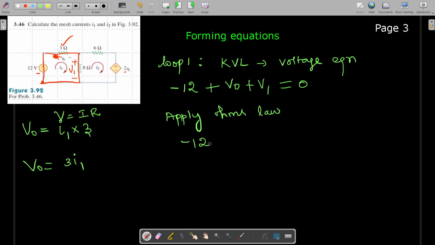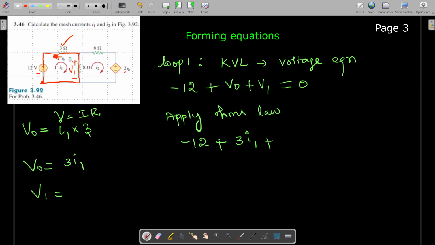Okay. So minus 12 plus this V0 is 3I1. The next one is V1, right? So V1 is the voltage across this 8 ohm resistance. So what's the current that is flowing? Since it is common to both the loops, I1 current as well as I2 current are flowing. But this I1 current is the one which is actually to be considered first because that corresponds to loop 1.